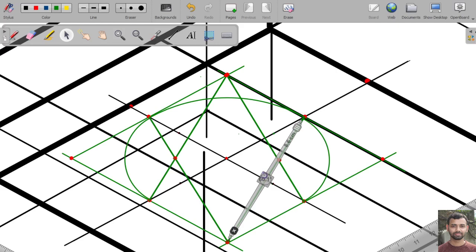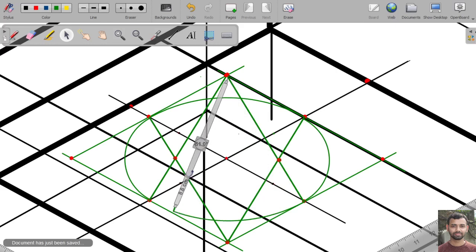Similarly, taking this point as a center point and this point as a radius, we'll draw another arc that will be up to this point. A little bit of modification is needed over here on these two smaller arcs.